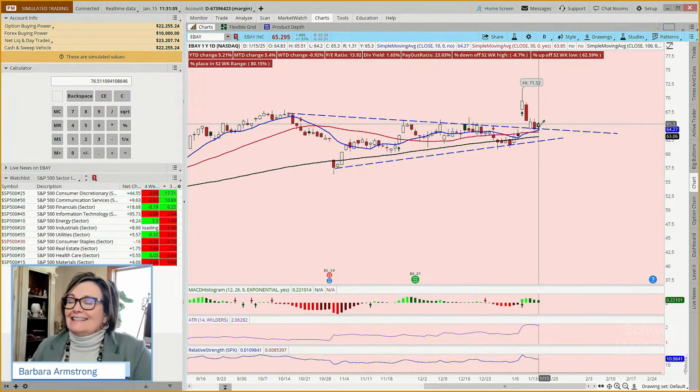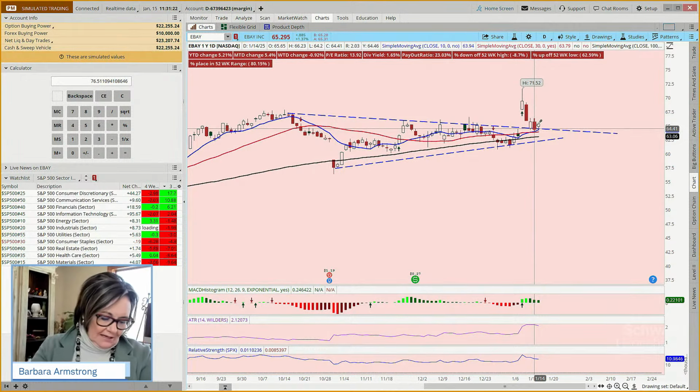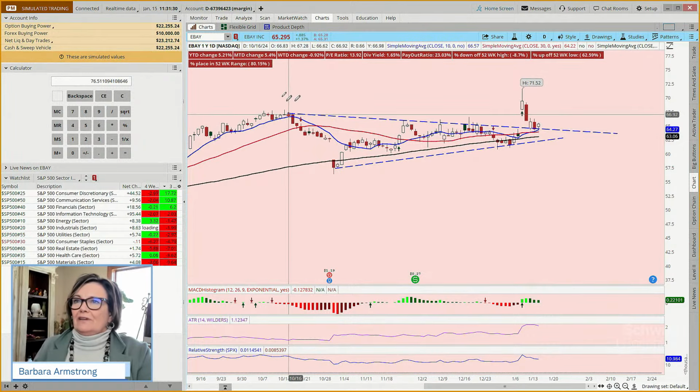Isn't this fascinating? 64.20. So if we use 64.20 as our support level and say, okay, if it goes 3% below that, if it hits 62.27, it's not going in the right direction. So that is going to be our stop, at 62.27. And our target is going to be 71.